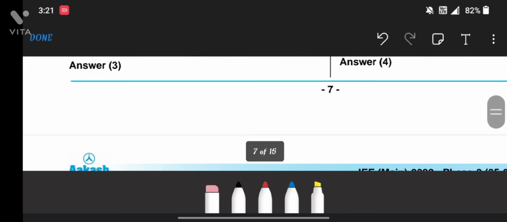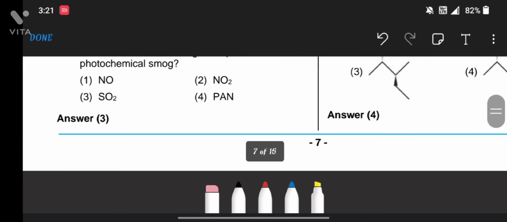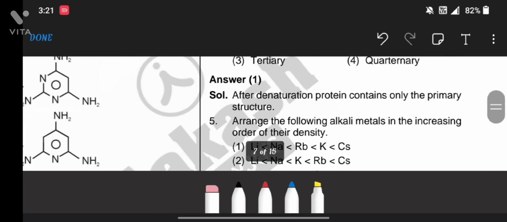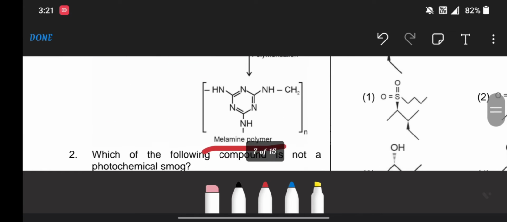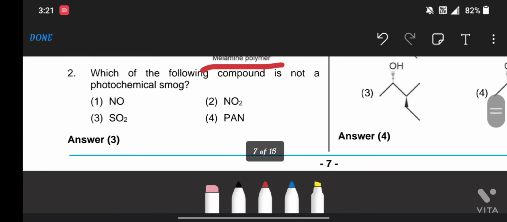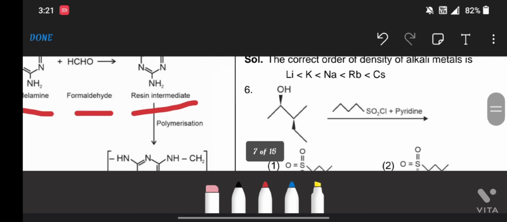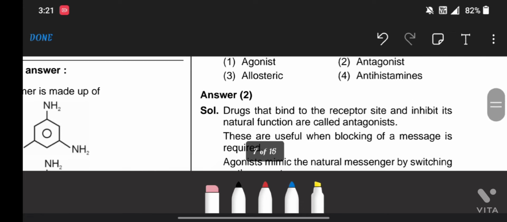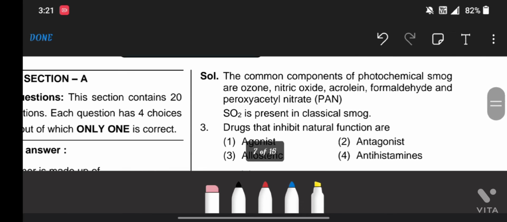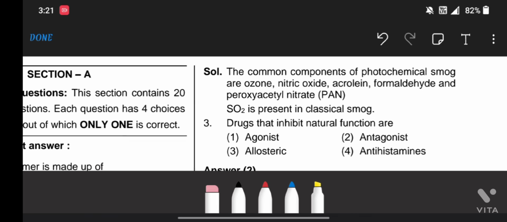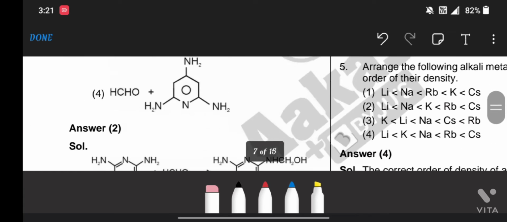The drugs that bind to the receptor site and inhibit its natural function are called antagonists. These drugs are useful when blocking of a message is required.